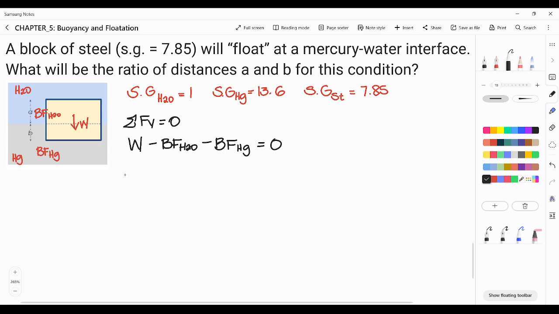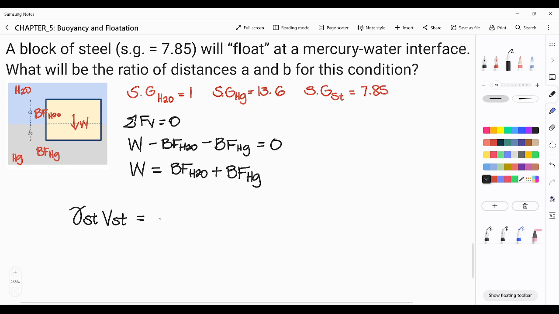Rearranging, the weight of the block is equal to the buoyant force exerted by water plus the buoyant force exerted by the mercury. Weight is the specific weight of the steel times the volume of the steel, and buoyant force is equal to gamma times the volume displaced.